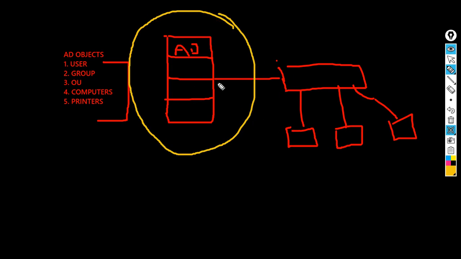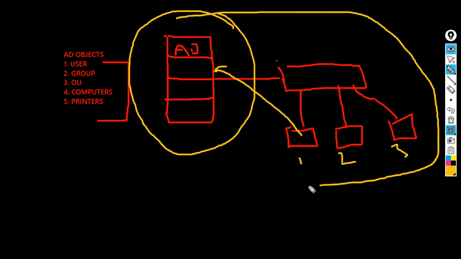What you have to do after installing the domain, after promoting the domain controller: these machines, 1, 2, 3, however many machines you have, you have to join to the domain, right? Then this environment will become a domain. Until you join these machines, they are not part of the domain, and they will work as standalone.